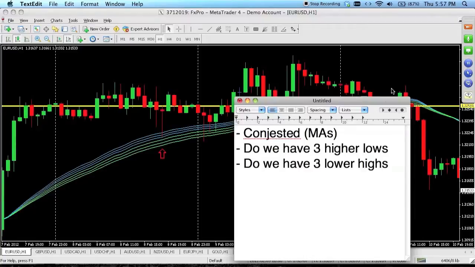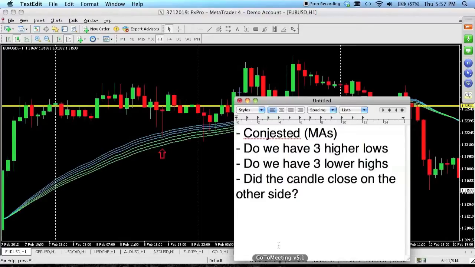This can be a little confusing, but I'll explain that to you. And finally, did the candle close on the other side? These are the things you want to look at first. If any of these things are incorrect, trade is voided.